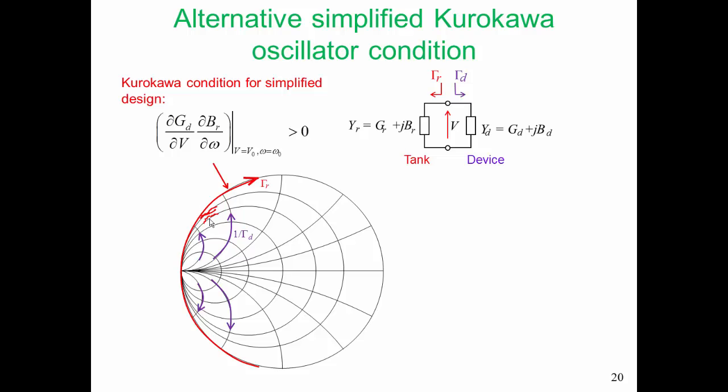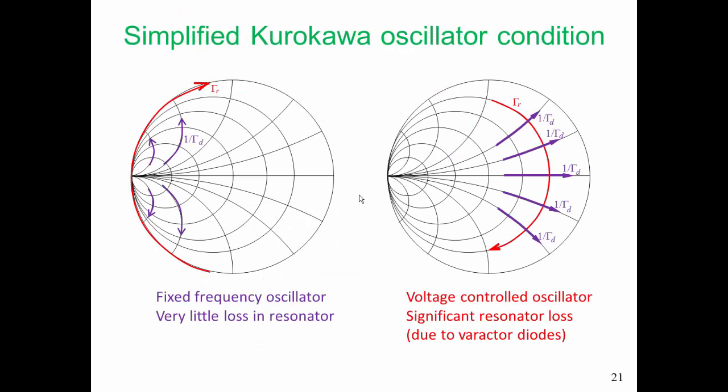And very small changes in the conditions for the susceptance of the tank circuit is going to have a fairly big impact on the frequency of oscillation and on phase noise. That's not a problem when the loss is very small because we're just going to intersect with that unit circle. Here are the two curves again.